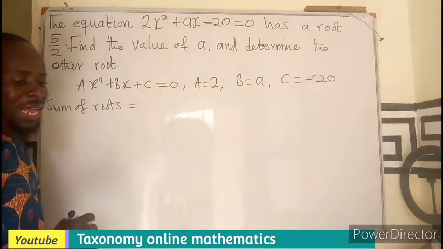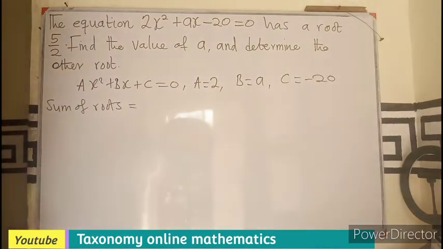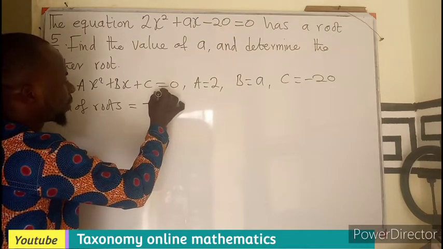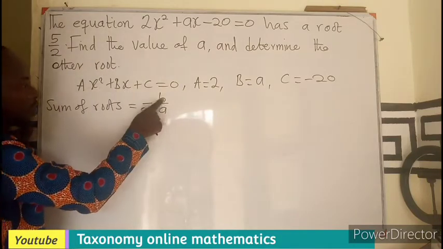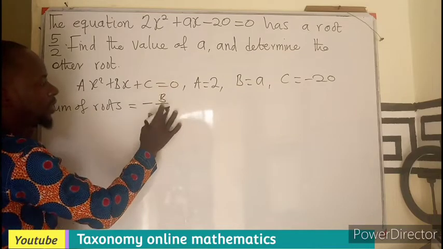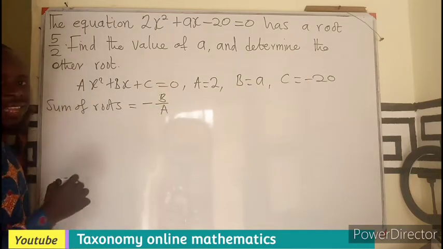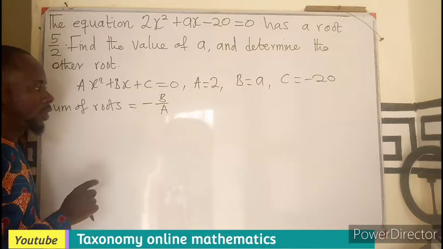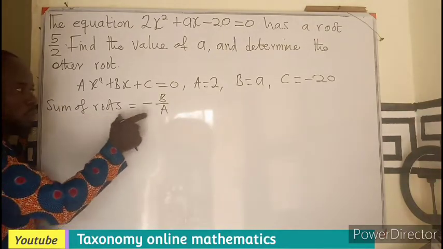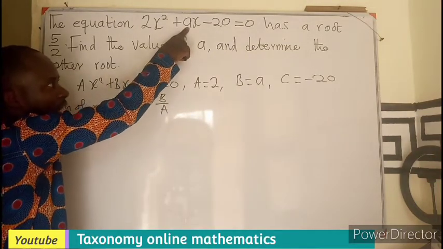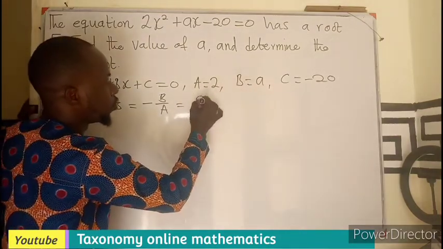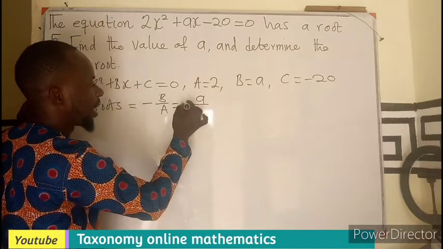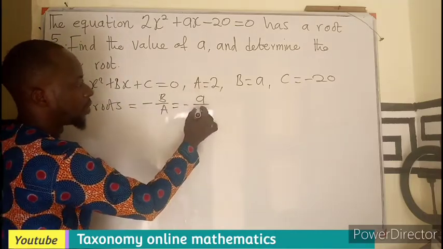If you are asked to find the sum of the roots, we know it is minus B over A. In this case, it will be minus b over a, which is the coefficient divided by this, where our B is a. Don't forget we have minus, then the A is a value of what? 2.